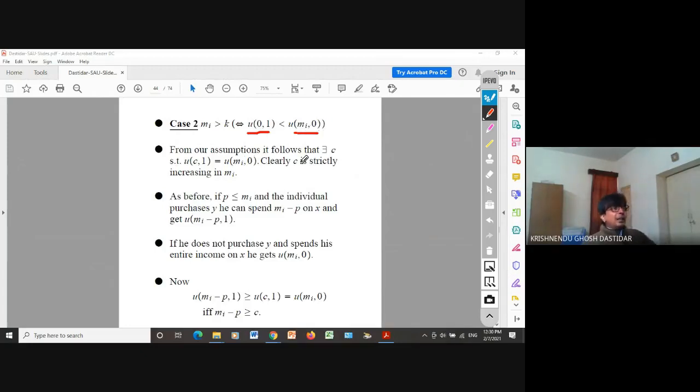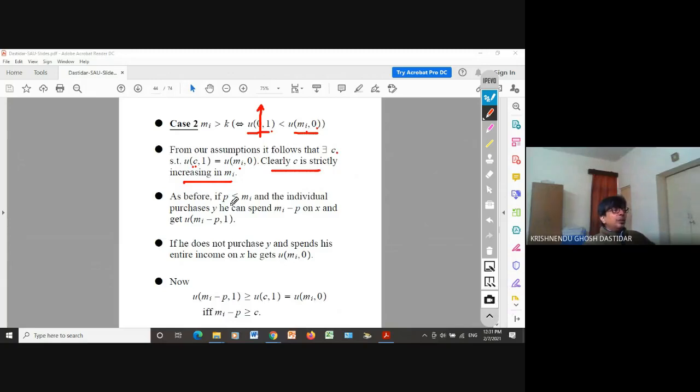Now, from our assumption, it follows there is always a number C such that U(C,1) would be equal to U(M,0). See, U01 is less than U(M,0). Now, increase this 0 part, put some X, and at some point this will be equal to U(M,0). Call that point C. Clearly, C is strictly increasing in M_i.